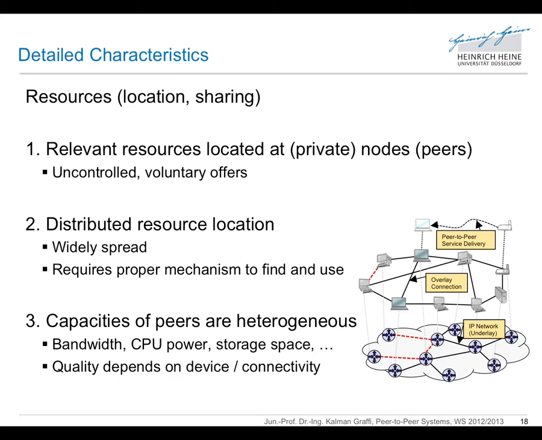We have very strong peers with lots of bandwidth, and very weak peers with only small bandwidth, CPU power, storage space. All is very fluctuating and very diverse, and it changes over time. So we can only use what we get. We cannot say I would like to have 100 more nodes that are very powerful, that we cannot do. So we have to see what we get, and we get lots of different peers, and we have to live with it.